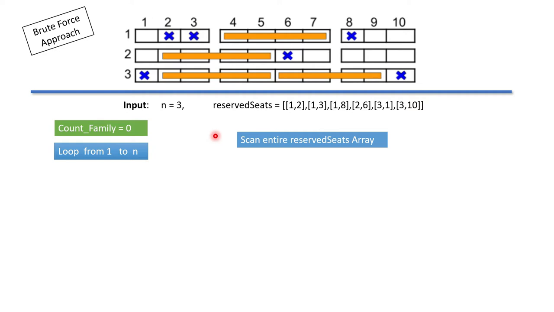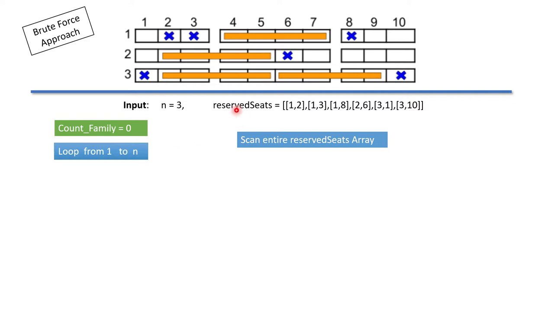One thing to mention here is this reserved seats array is not sorted. Means 1, 2, then the next input can also come at the end of the array, maybe 1, 5. So you have to scan through the entire array to get all the seats booked for row 1.